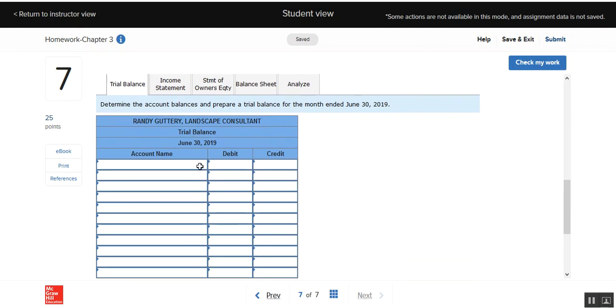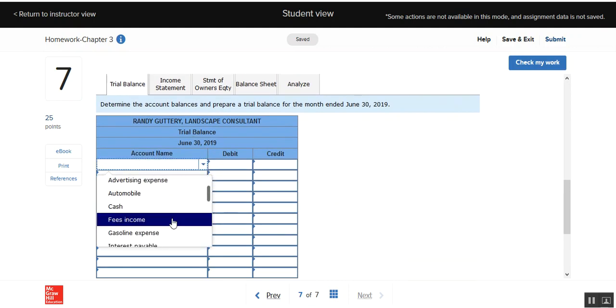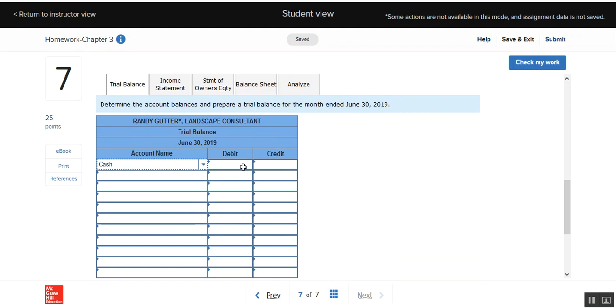To do your trial balance, you're going to list your accounts and put in the balance. Whatever your cash account balance is, you're going to put it over here, and it should be a debit. With the trial balance, you should put those accounts in order. When we list accounts in accounting, almost always we list assets first, then liabilities, then equity, and then revenue and expenses.